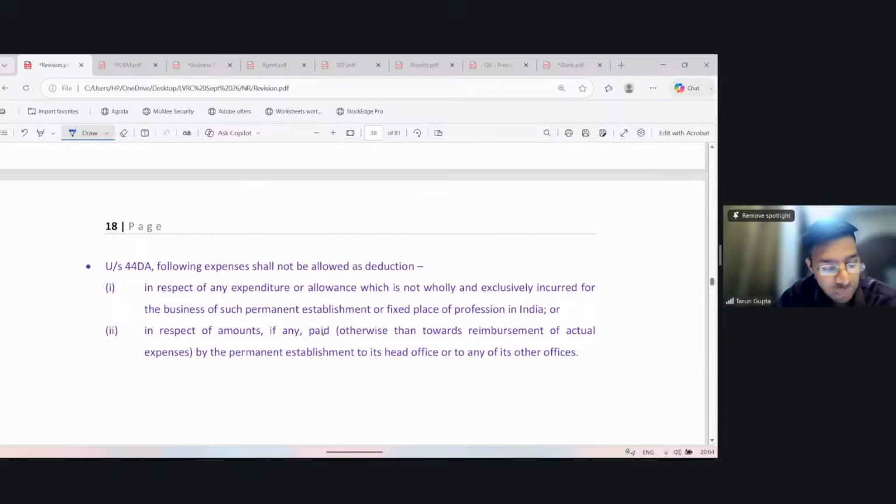So, under Section 44DA, though it says that royalty and FTS shall be computed on a net basis after allowing the expenses, the following expenses are not allowed even under Section 44DA.